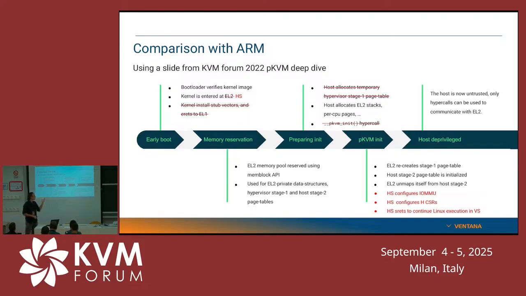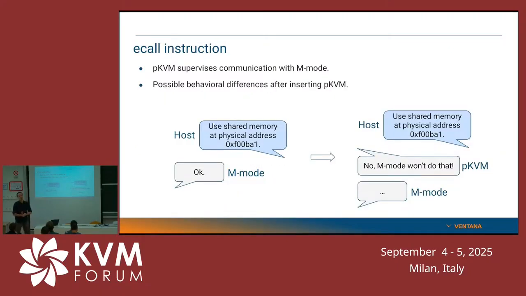And then the only way Linux in VS mode can communicate with pKVM is through hypercalls. Hypercalls on RISC-V use the ECALL instruction, but it's not only hypercalls that are used to communicate with pKVM.